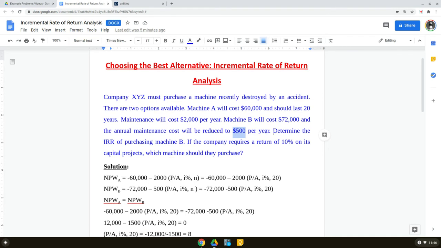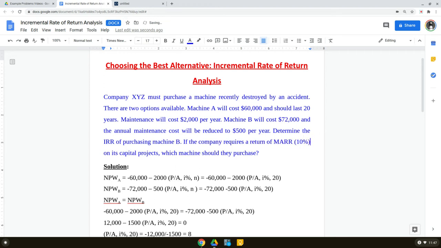So our goal is to determine the internal rate of return, or I would say the incremental internal rate of return, of purchasing machine B. The company requires a return of 10%. This is also called MARR, minimum attractive rate of return.